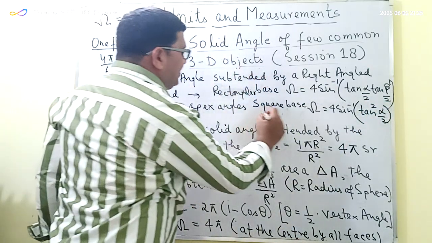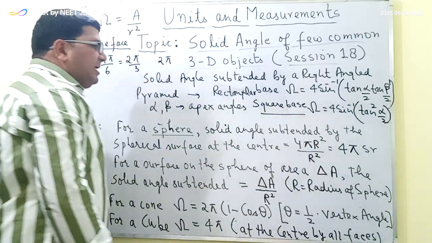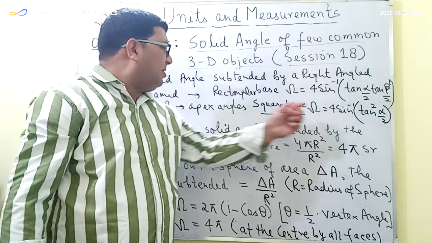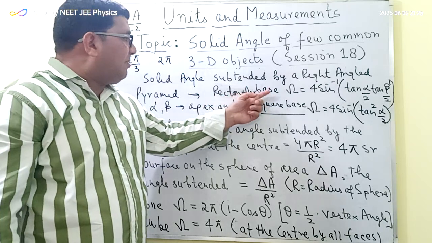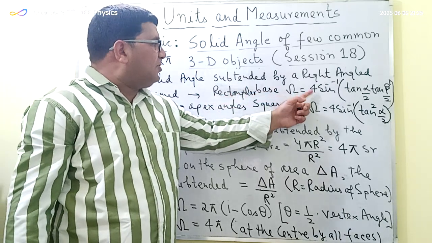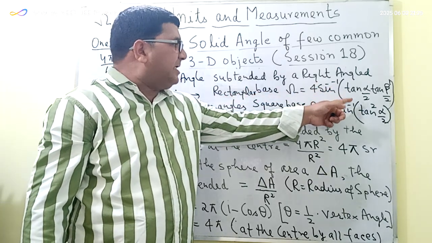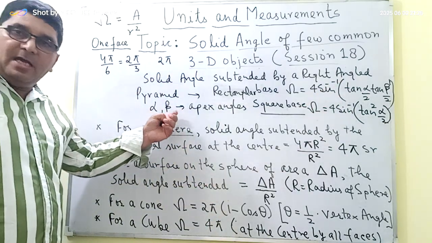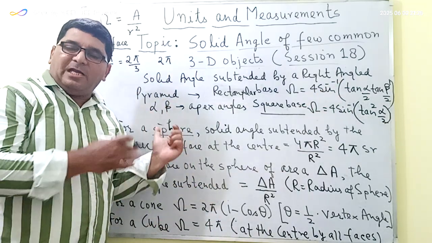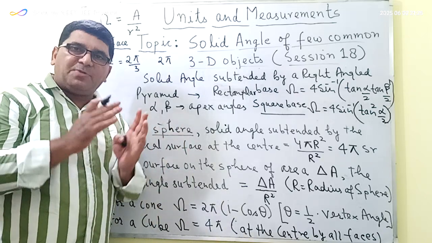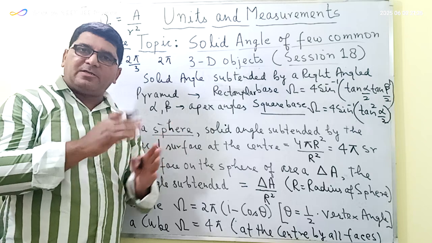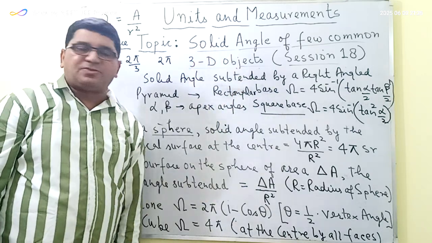So for the square base, the solid angle subtended will be equal to 4 sine inverse in bracket tan square alpha by 2, and in the case of the rectangular base, the solid angle will be equal to 4 sine inverse in bracket tan alpha by 2 into tan beta by 2, where alpha and beta are the apex angles and the angles between two pairs of consecutive lateral edges which are meeting at the apex of the pyramid.